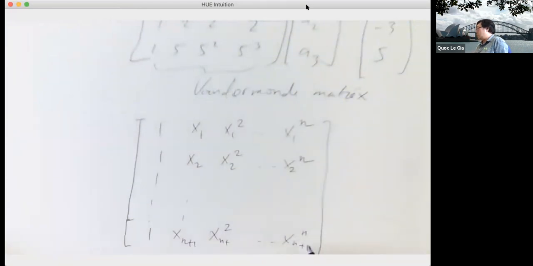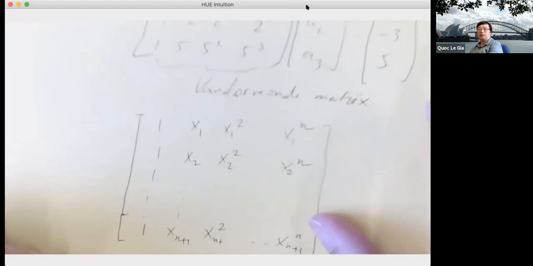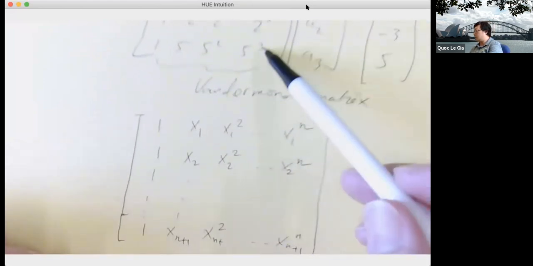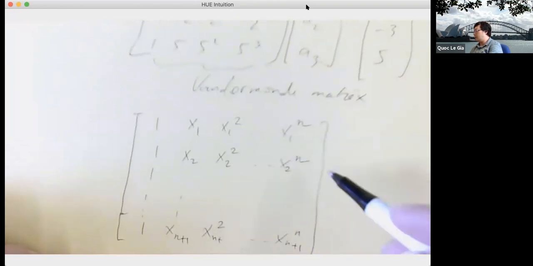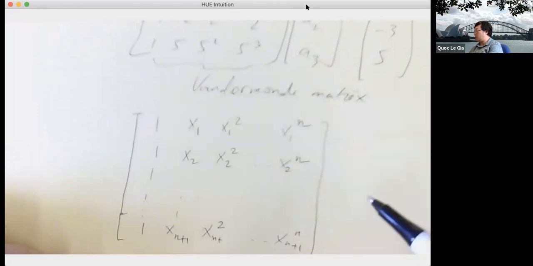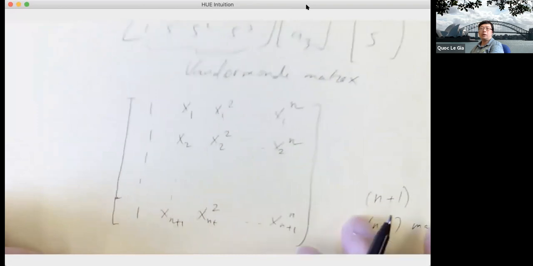But the last power is x to the n. Okay, so in our case, n equal 3, you have a cubic, and you have 4 points, yeah? And the power just stops at power 3. But in general, you have an n plus 1 by n plus 1 matrix. And this one is called a Vandermonde matrix.